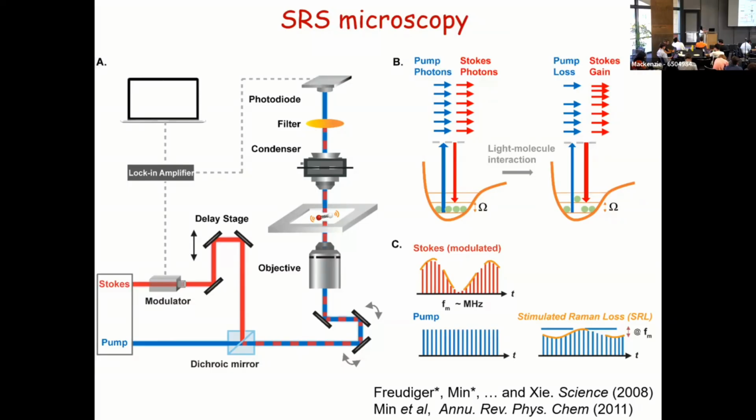When the frequency difference of the two beams matches the vibrational energy of the target vibrational mode, you can have the stimulated Raman scattering process to produce the signal as energy loss on the pump photons and energy gain on the Stokes beam. And using high frequency modulation on one beam and lock-in amplification on the other, you will be able to extract the signal, and through raster scanning of the laser focus throughout the sample, you'll be able to have fast label-free imaging with vibrational contrast.